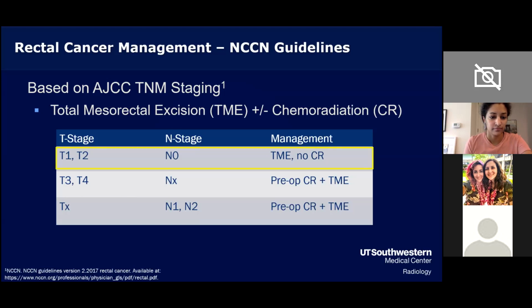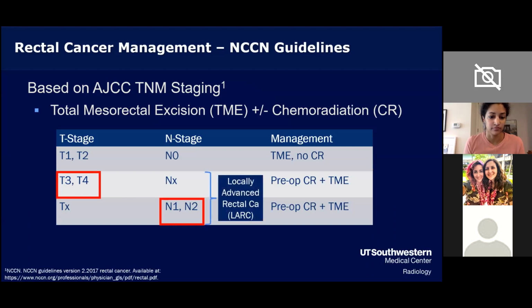So if you have a tumor that is local stage T1 or T2 without any nodal disease, that patient goes straight to resection or TME without neoadjuvant chemoradiation. But if you have stage T3 or T4 or any nodal disease, N1 or N2, that's considered a locally advanced rectal cancer, and those patients get pre-op chemoradiation or neoadjuvant chemoradiation before going to excision.